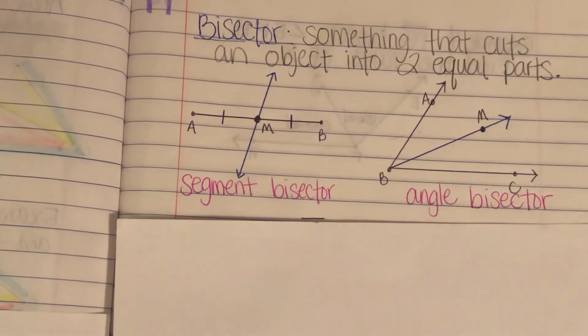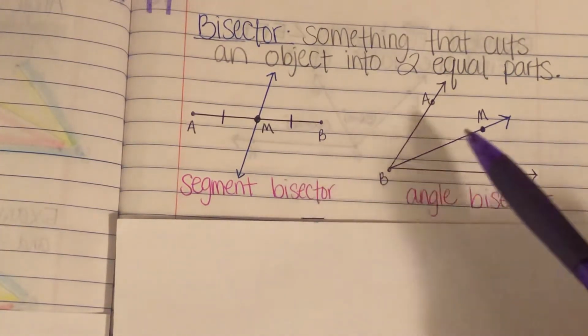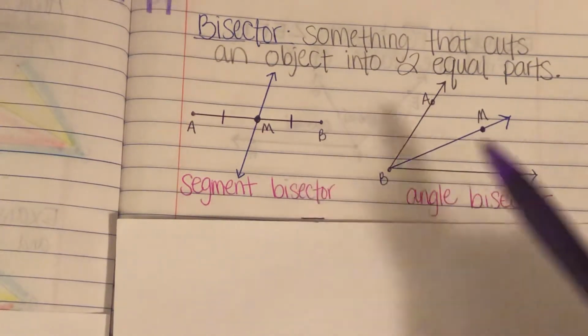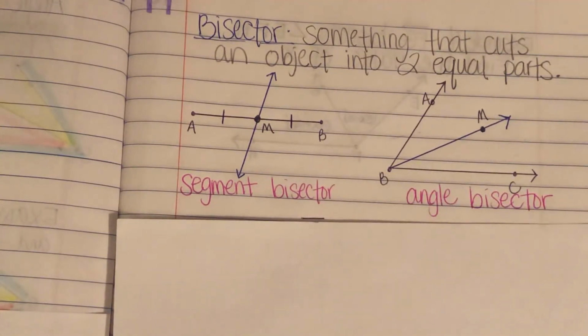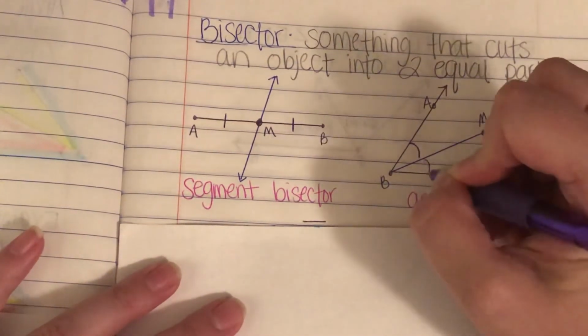In my angle bisector, if this ray that's coming through the middle of my large angle is right in the middle of angle ABC, then I could tell you it is a bisector of the angle, or I could put the marks like so. I could do it in two ways.